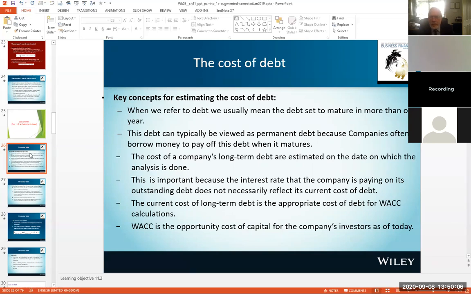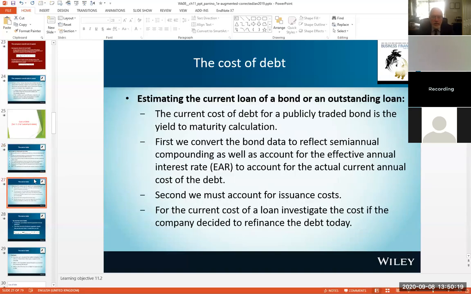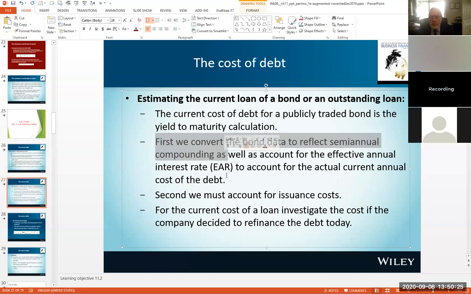Okay, let's look at the cost of debt. Cost of debt is really a matter of going through the various parts of the debt and doing what is basically a weighted mean. The main thing is that we're working out the average cost of debt.